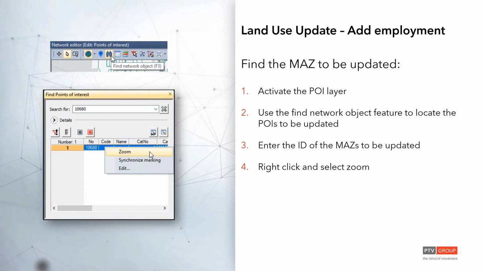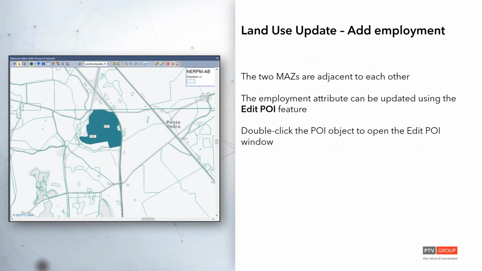All right, so you have found the zone or the POI where you want to update the employment. This time we are going to make the change to this network object slightly differently.